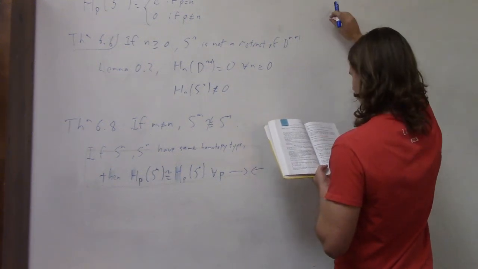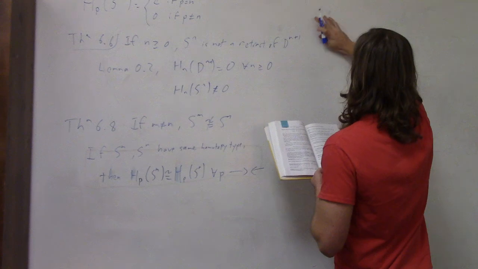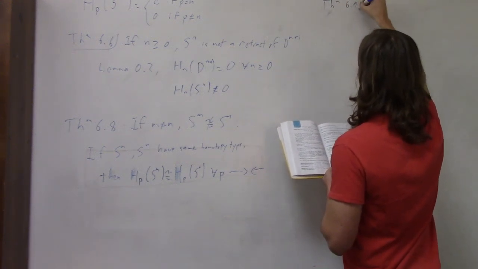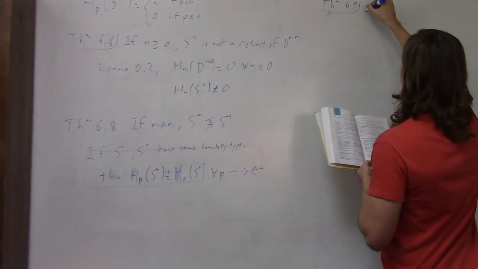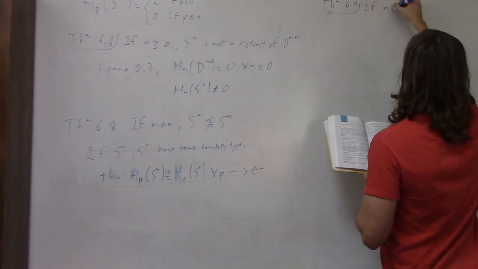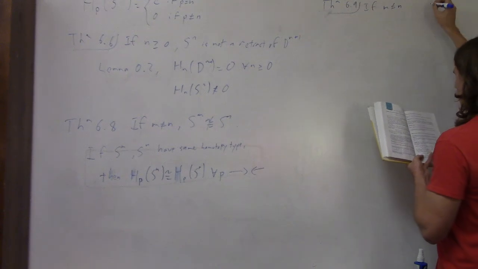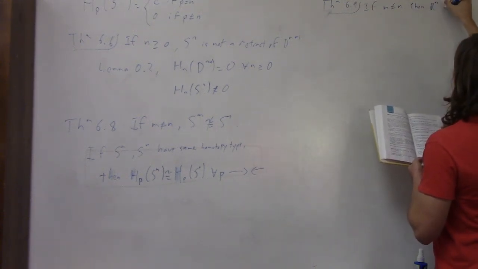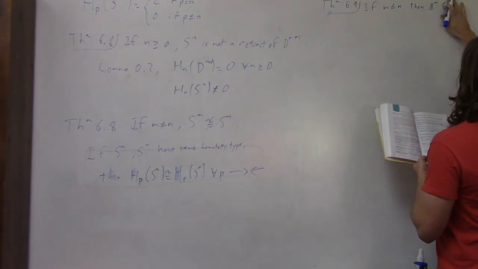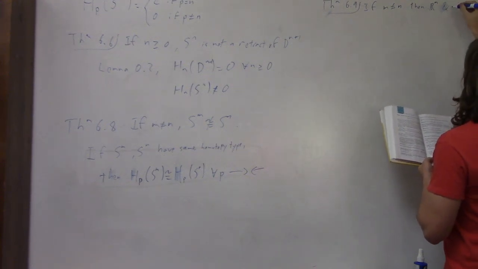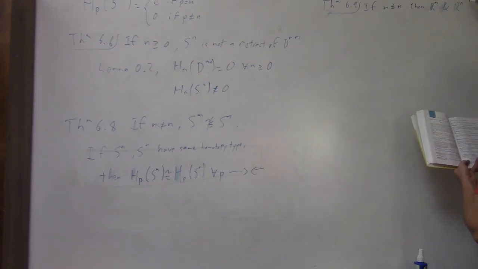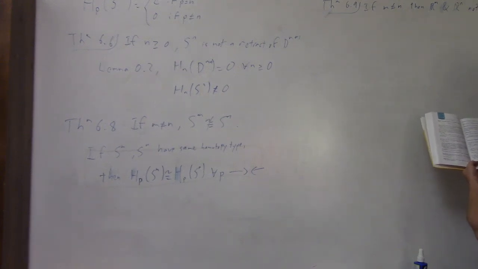Alright, another theorem, now we're looking at Euclidean space. Rm and Rn are not homeomorphic.